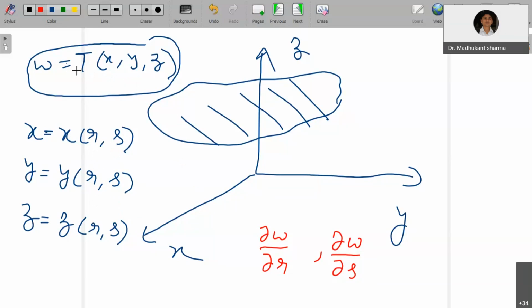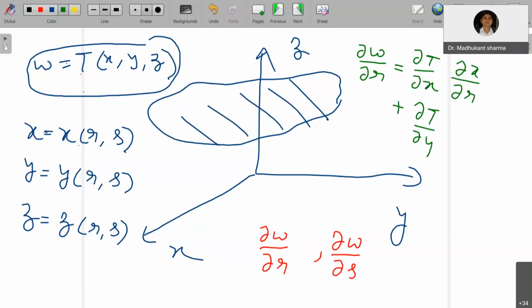I think it's very clear. You first differentiate T with respect to x, but x is a function of 2 variables, so you have to differentiate x with respect to r. You can only talk about its partial derivative, not dx by dr. So if I'm interested in dou w by dou r, you need to differentiate T with respect to x and x with respect to r, plus T with respect to y, then y with respect to r.